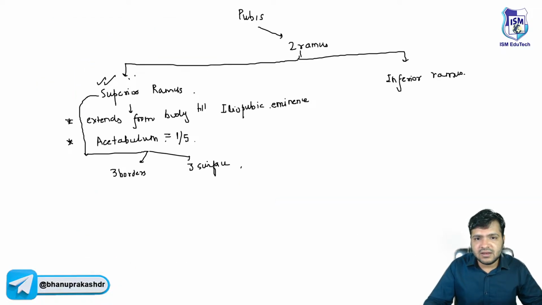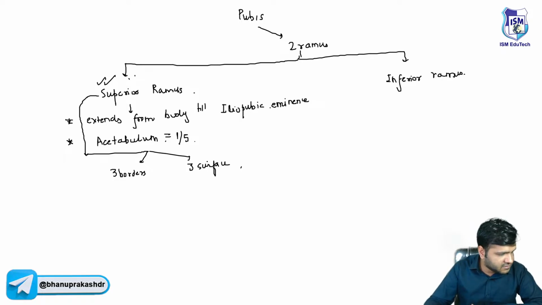So if you want, we'll just write in our notes that we have 3 borders.